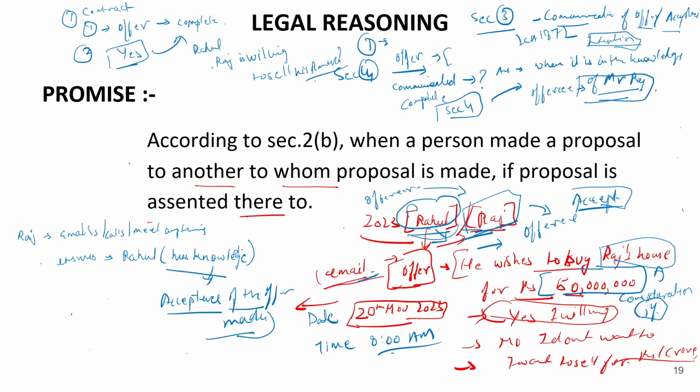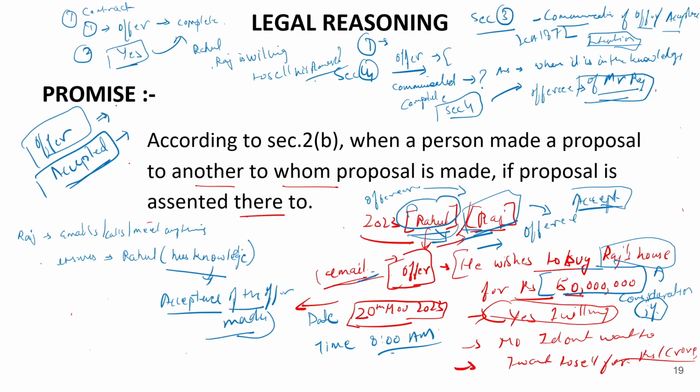So once Raj communicates either by telephone, email, or by meeting in person, verbally or by sending a letter, that yes, I want to sell my house to you for 50 lakh rupees, then we will say that the offer has been accepted.